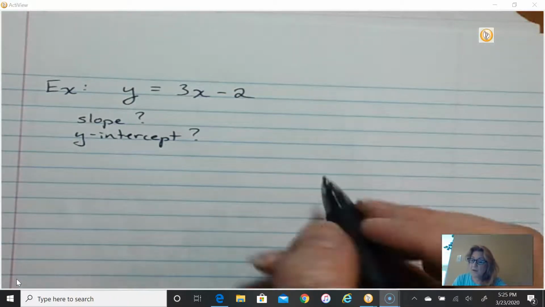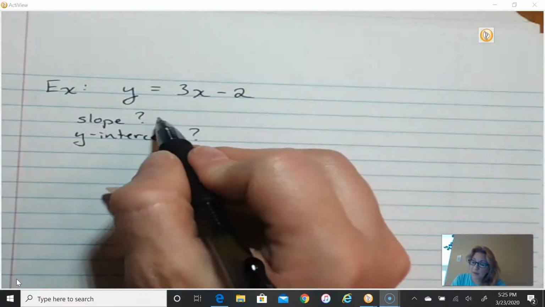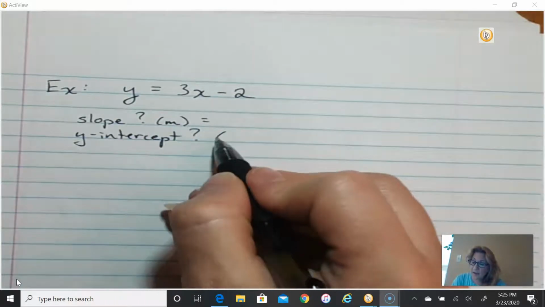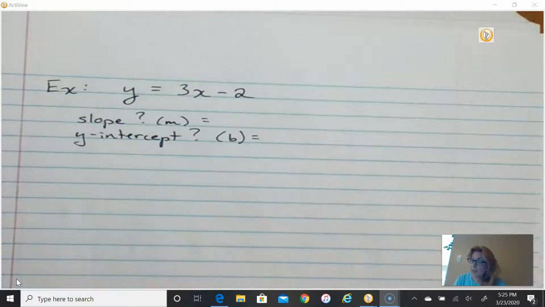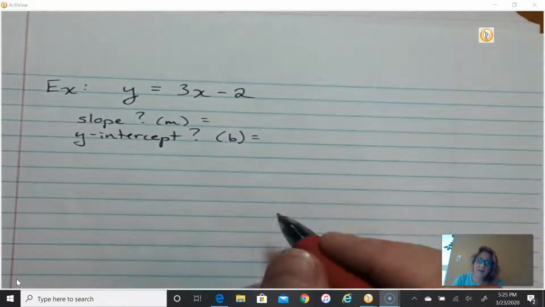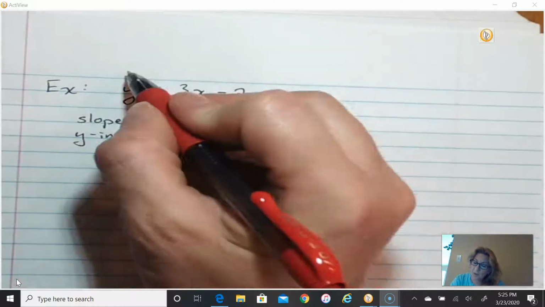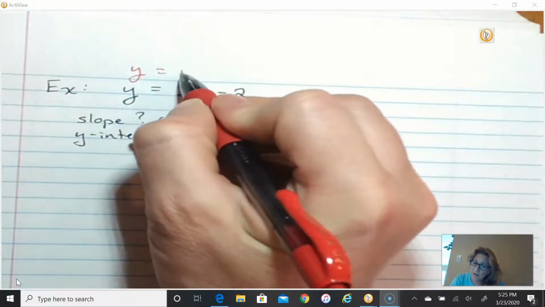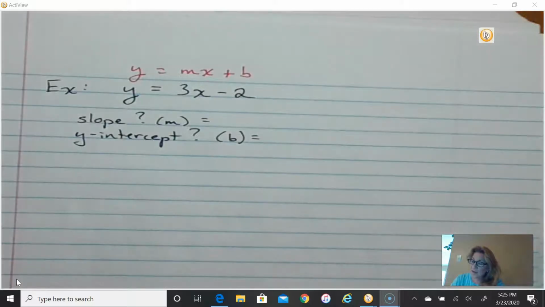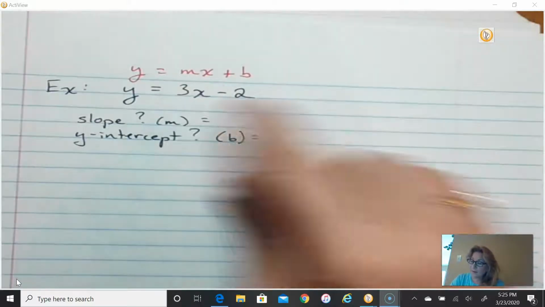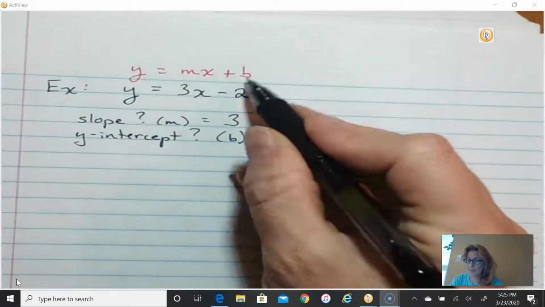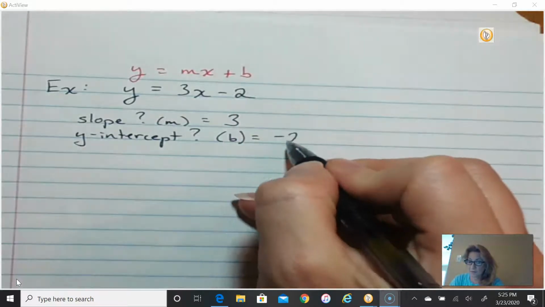Well, the slope, remember, is m, and the y-intercept is b. I tell my students this all the time: write down the formula. If you rewrite it on top, you will see that the m is 3 and the b is -2.